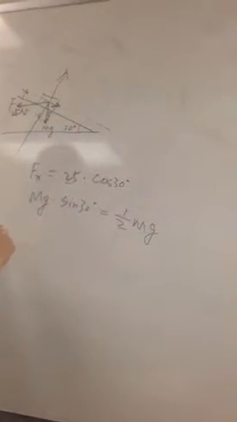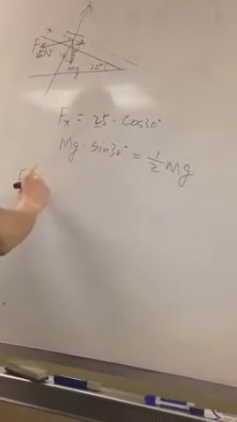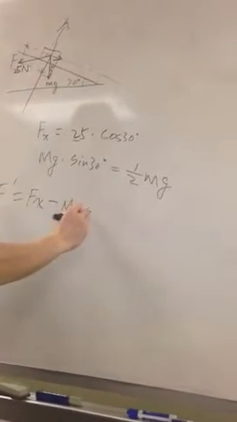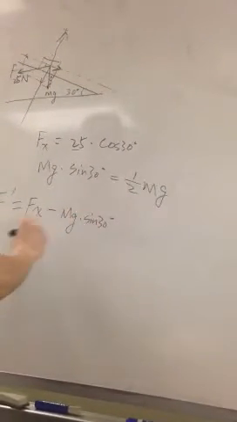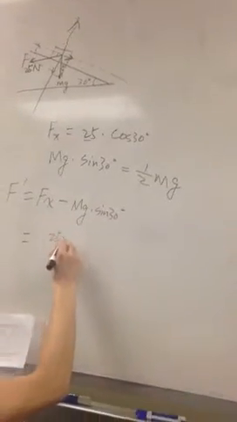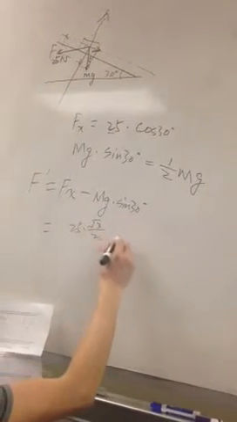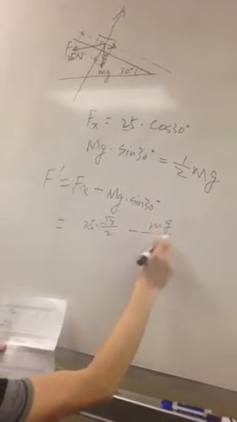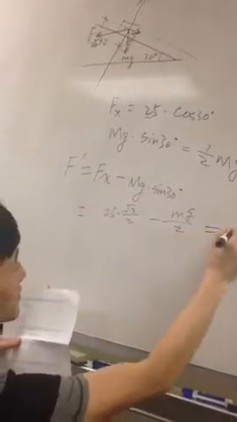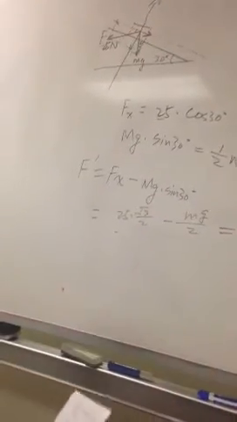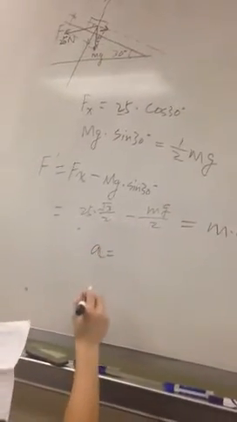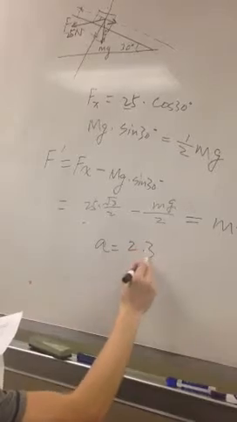So the total force will be, substitute, you solve, it will be divided... those are the force equal to MA, right? And if you solve this equation, A is equal to 2.3.